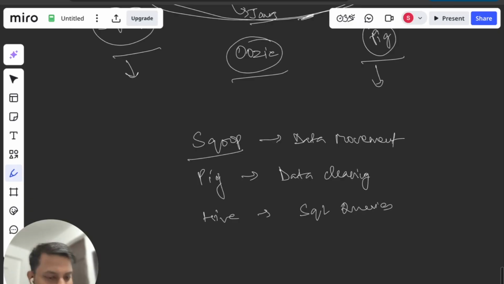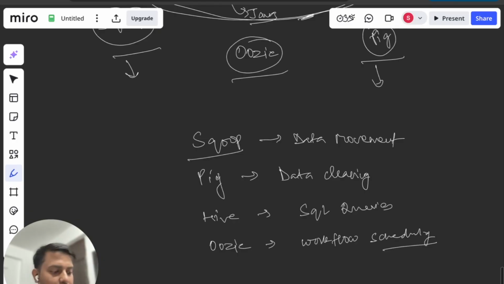Next is Oozie, which is workflow scheduling.